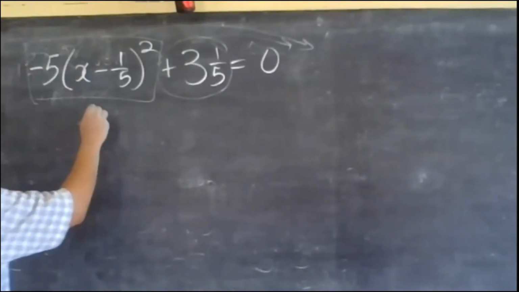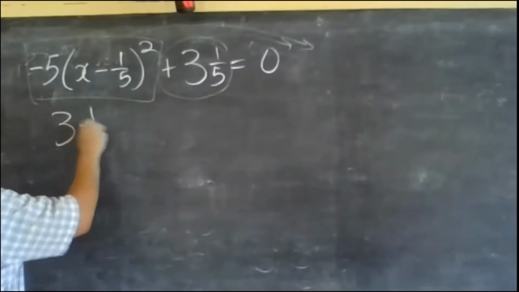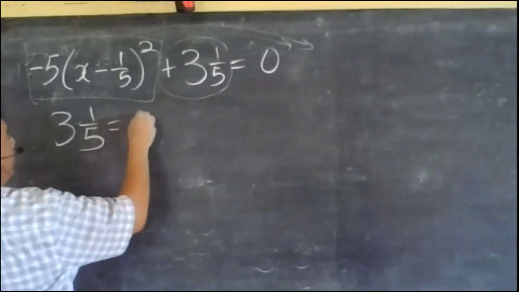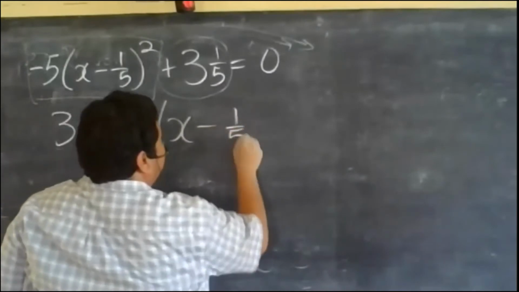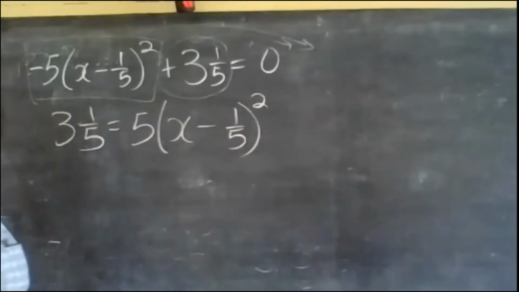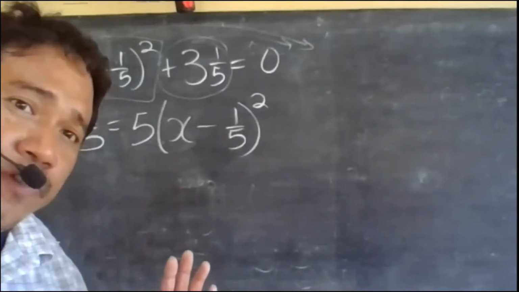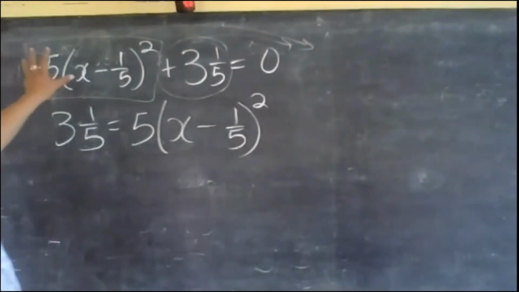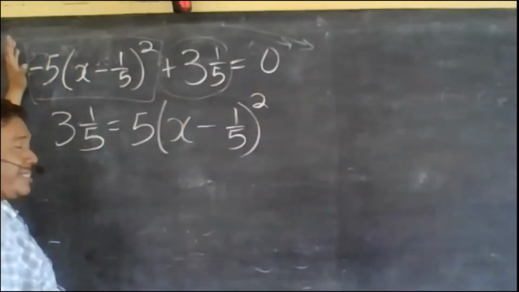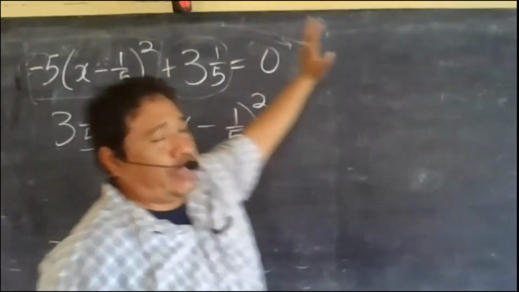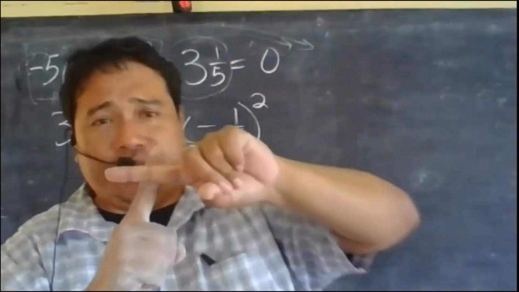So I'm going to have 3 1/5 is equal to 5(x - 1/5)². Because remember, when we move a term to the other side of the equation, if it is negative here, when I move it, it becomes positive.